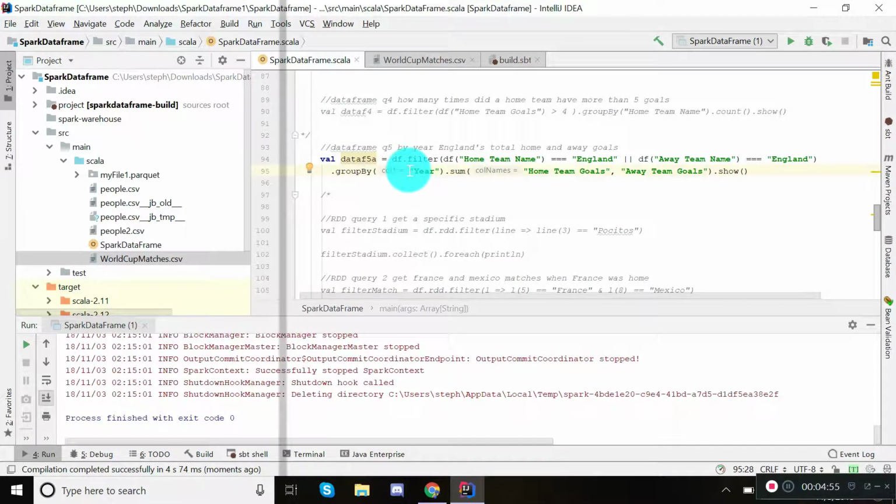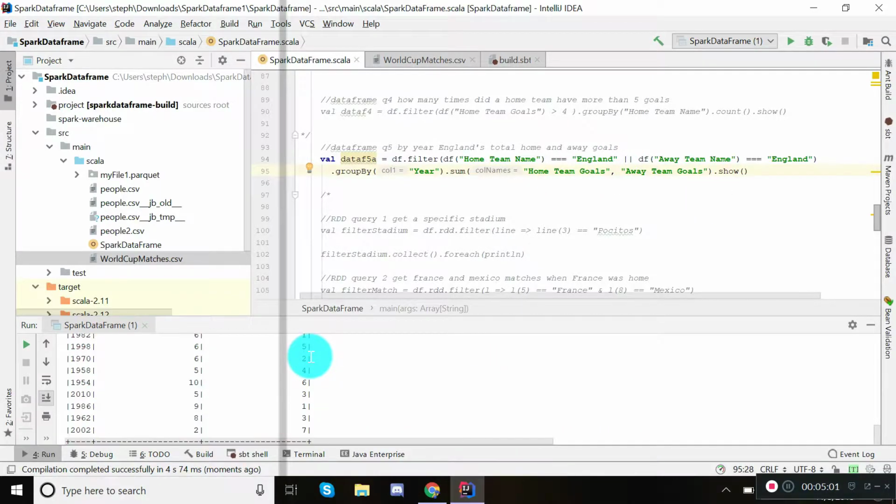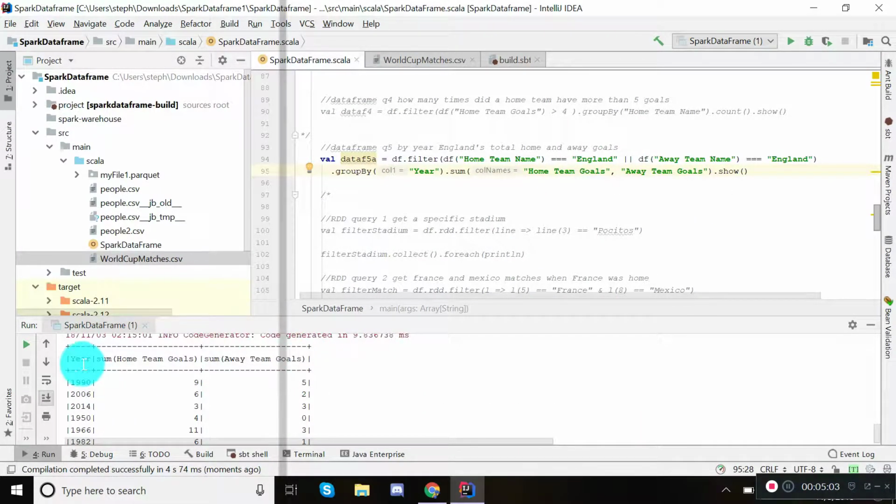Grouping them by year because we want to know by year England's total home and away goals. And then we're adding all their goals. So we end up with per year how many home goals England had and how many away goals they had. So in 1990 they had more goals at home than they did away, and so on.